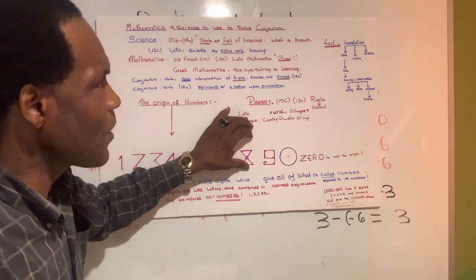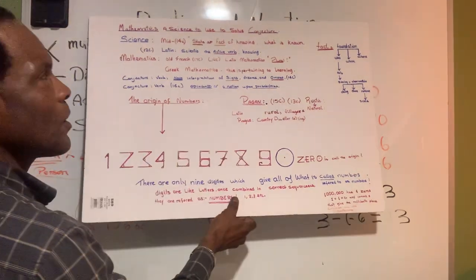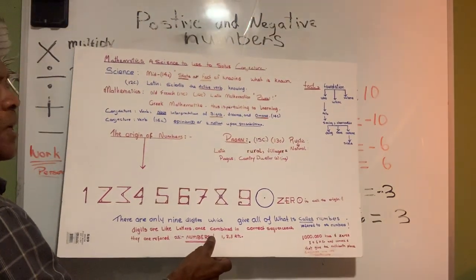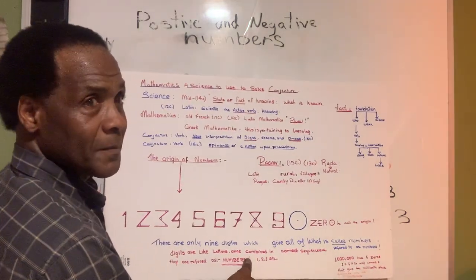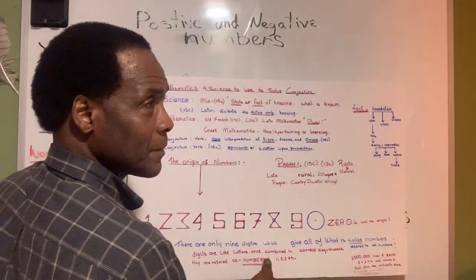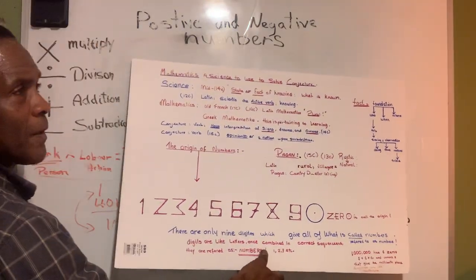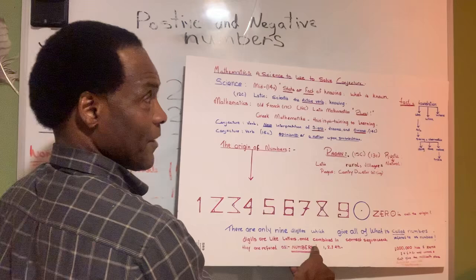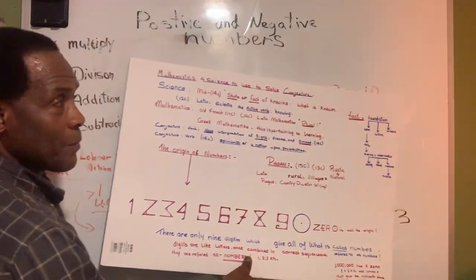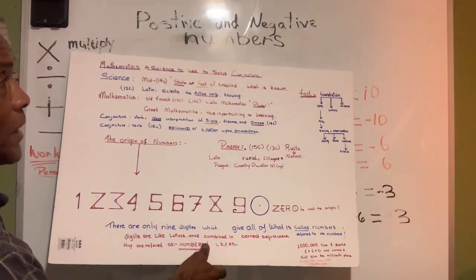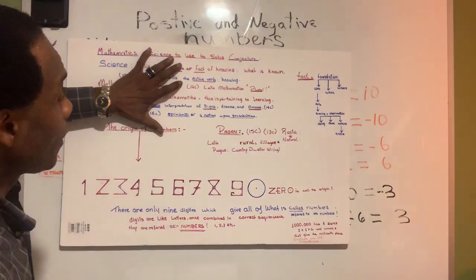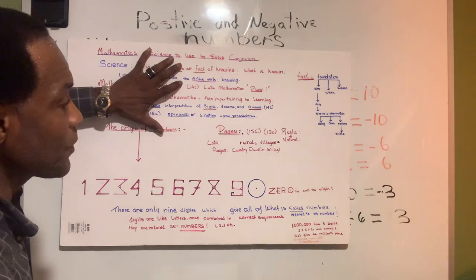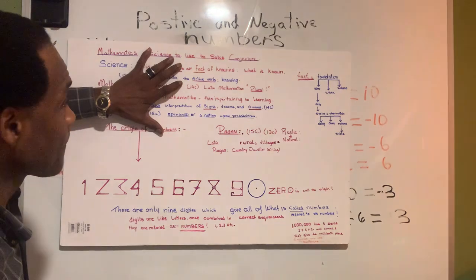That is used to solve conjecture. Conjecture comes from the word conjurer. A conjurer creates stories that have nothing to do with reality. You can think they're real. 90% of the things that you believe are not real, or 95%. They may be real because you believe them. And there's no way you can prove it unless you're an engineer, or unless you're a person who can demonstrate it through mathematics.